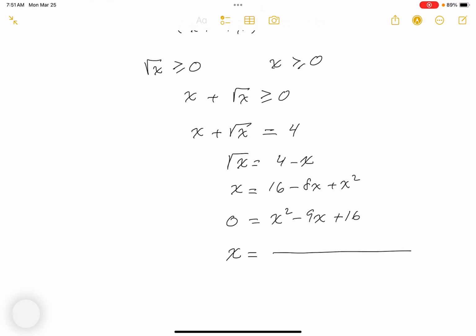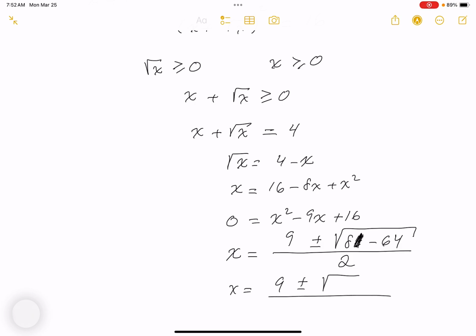And I can write my x down now. What's my x going to be? Well, 2, 9 plus or minus, this is where my trouble comes in, 81, and then minus 4 times 1 times 16, which is 64. Whoops, 81. This could be x equals 9 plus or minus the root of 81 minus 64.